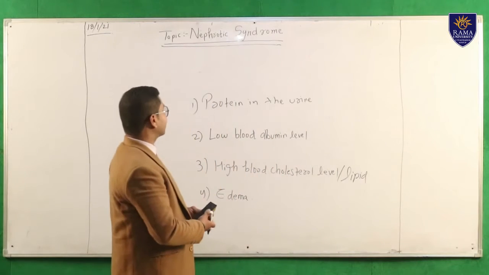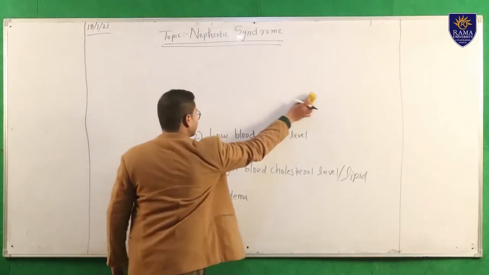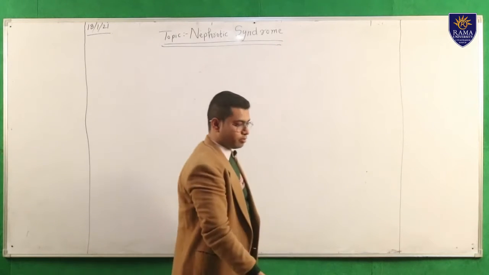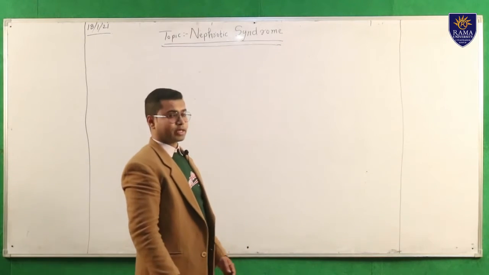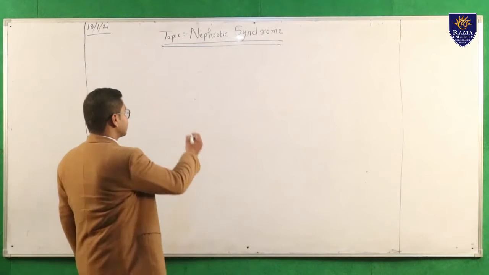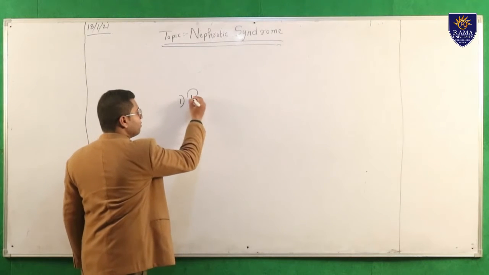Then we will see the characteristics of nephrotic syndrome. What will be the characteristics? Here protein in the urine is known as proteinuria.